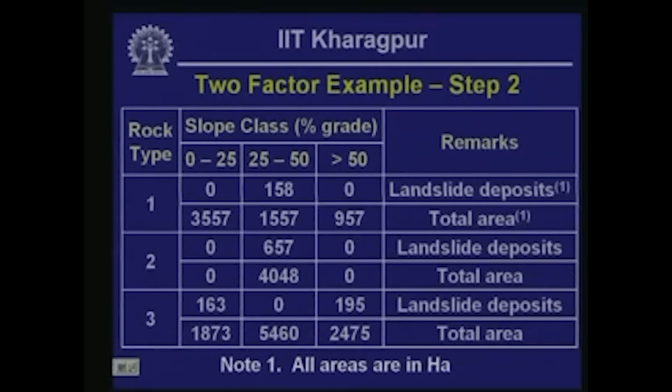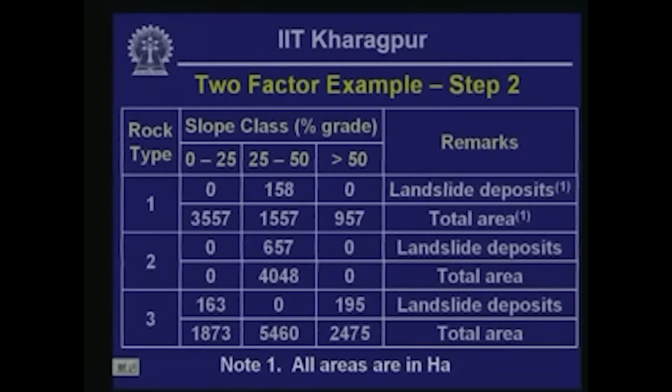You have to complete this matrix for all the different rock types and all the different slope classes, and then you have to express the proportion of area in a given category that is covered by landslide deposits as a ratio of the area underlain by landslide deposits to the total area within that particular category.